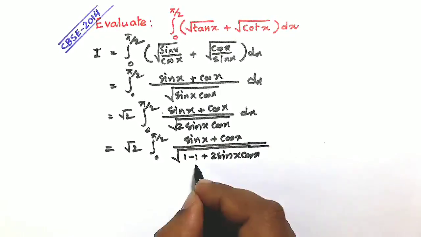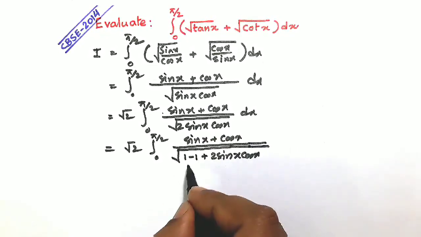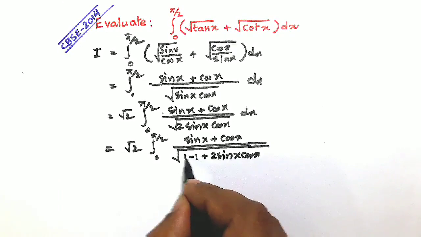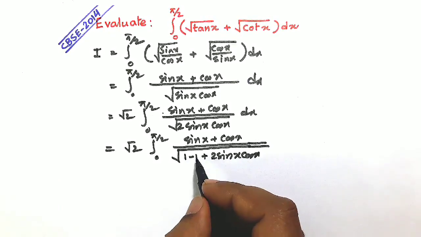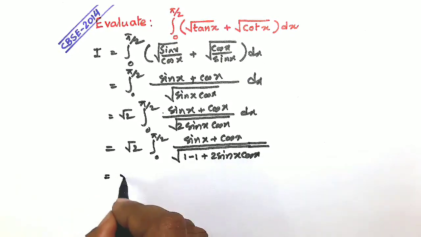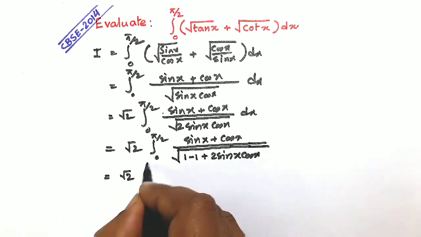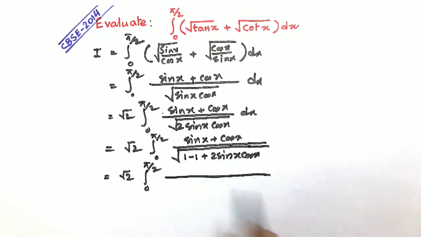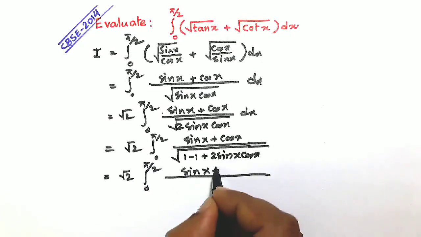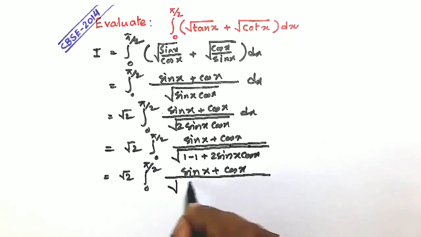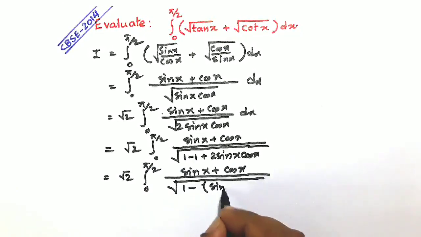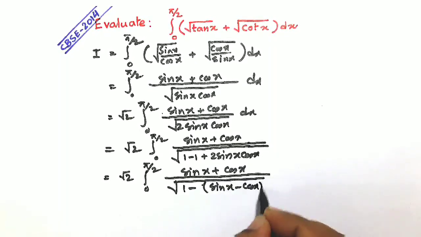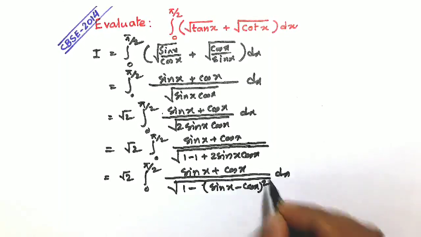Now what is the purpose of this step? This is a very important step because you can write this one as sin square x plus cos square x. So ultimately we will get root 2 integration 0 to pi upon 2 sin x plus cos x upon root over 1 minus (sin x minus cos x) whole square dx.